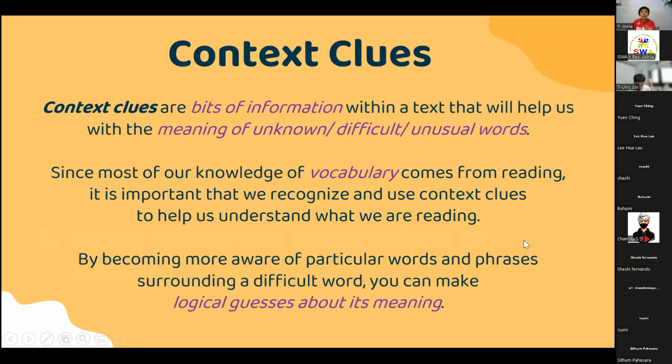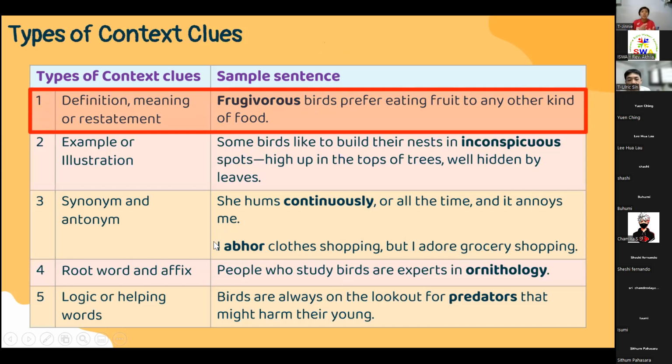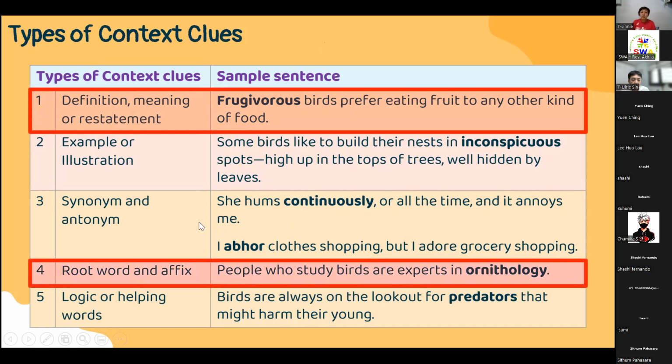Okay, so this is some information for us. Like I shared, we've done the first one, which is definition, meaning, and restatement, where you find the meaning of the difficult words being spelled out in the text. We've also done root word and affixes.